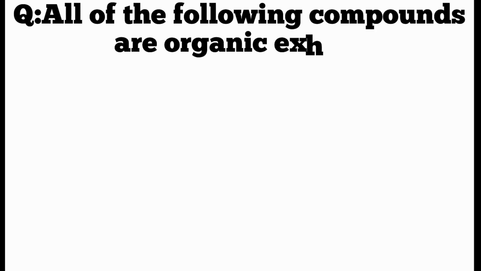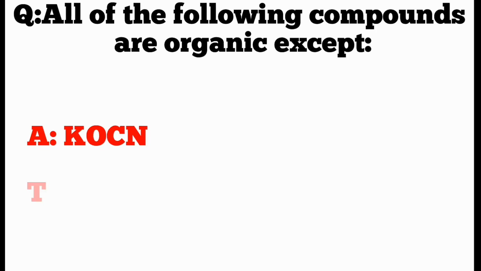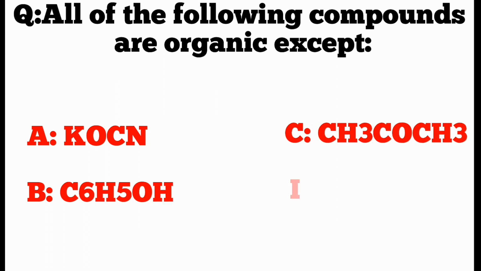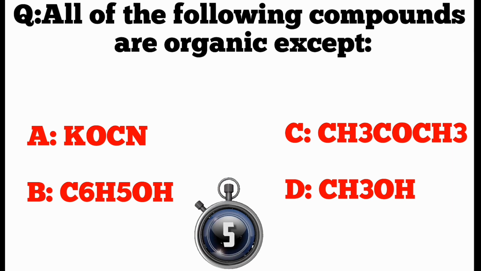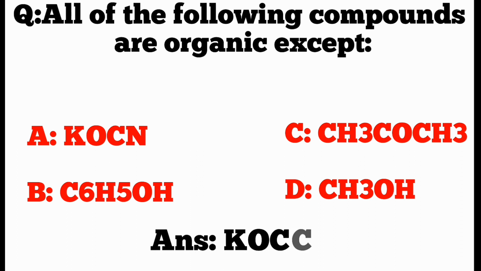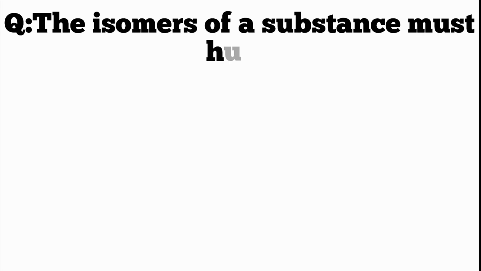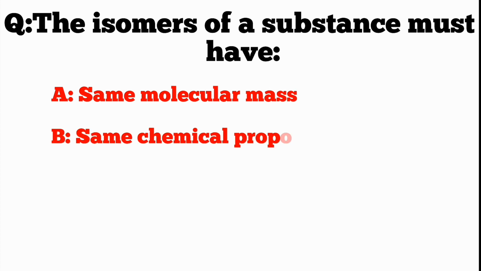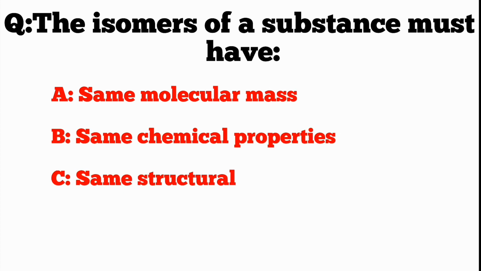Q. All of the following compounds are organic except A. Cotton. B. C6H5OH. C. CH3COCH3. D. CH3OH. Ans. Cotton. Q. The isomers of a substance must have A. Same molecular mass. B. Same chemical properties. C. Same structural formula.